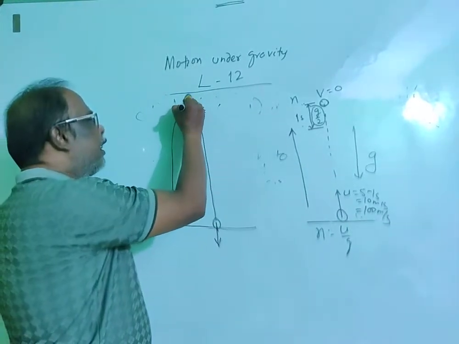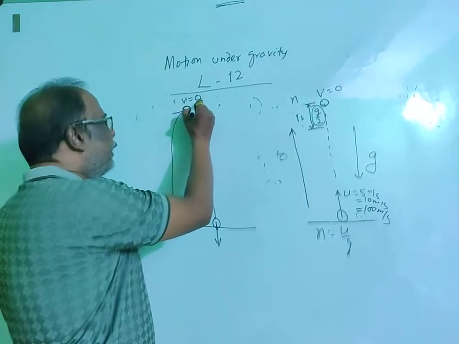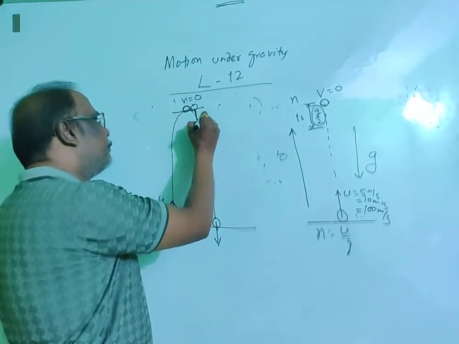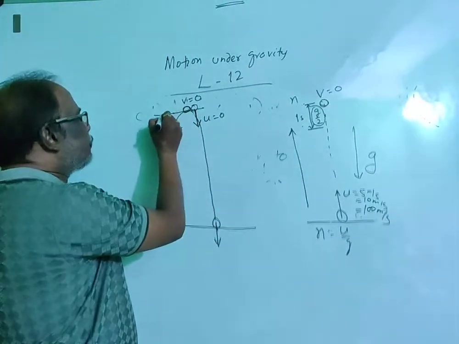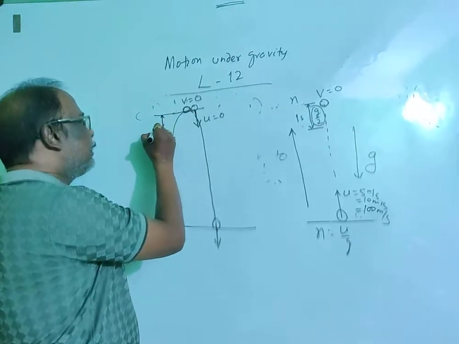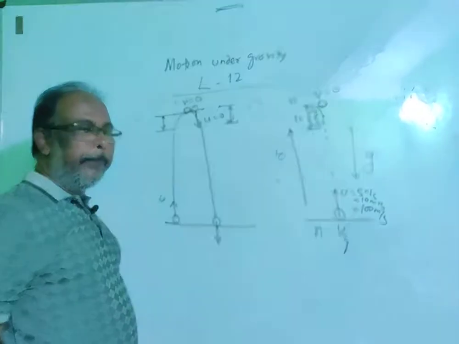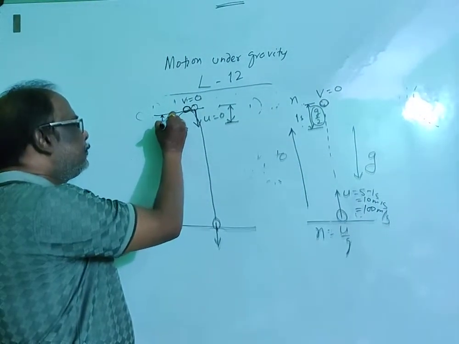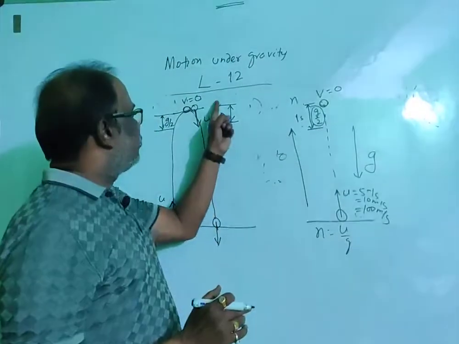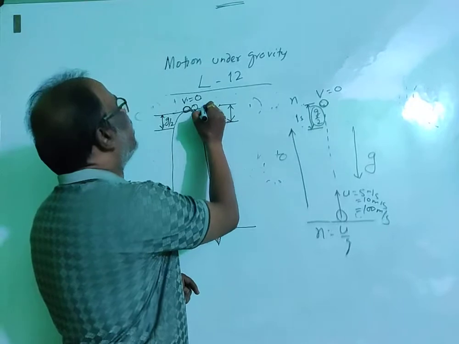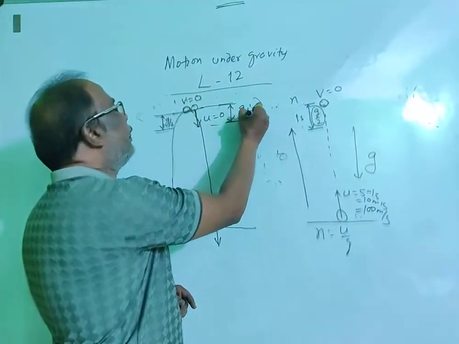When the body reaches the highest position, its velocity becomes 0, and when the body starts again from the highest position, its initial velocity is 0. So this is the last 1 second of the journey, and this is the first 1 second. The last 1 second during ascent is g by 2, and obviously I can prove that the distance travelled by the body in the first 1 second during descent is also g by 2.